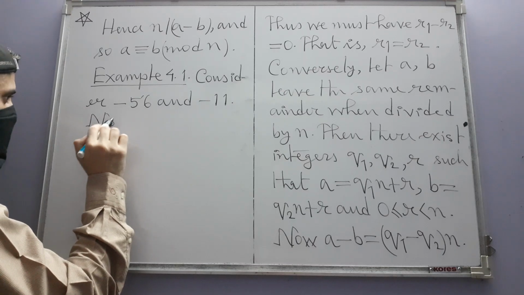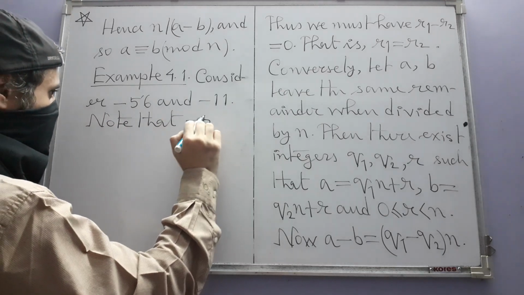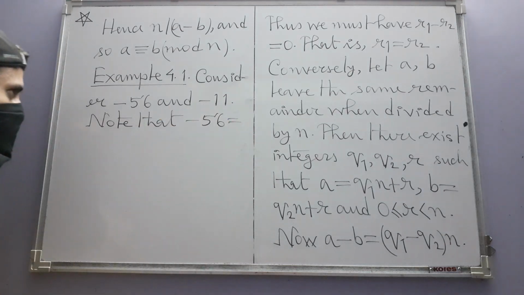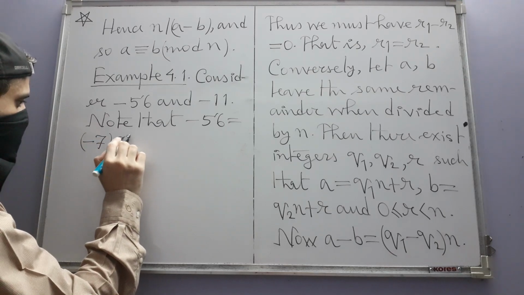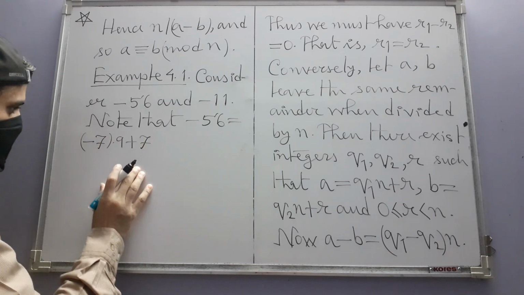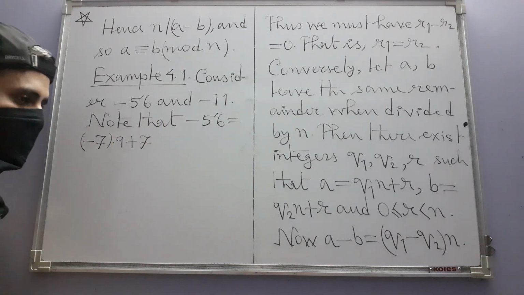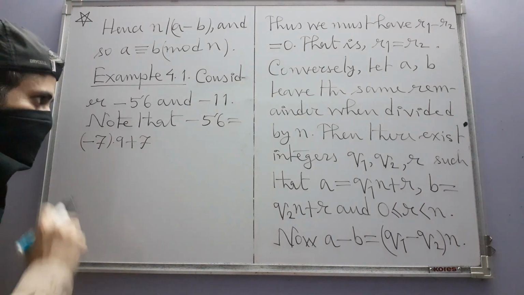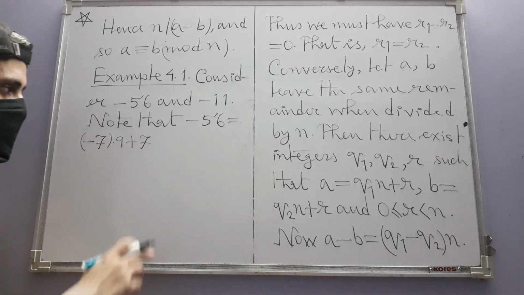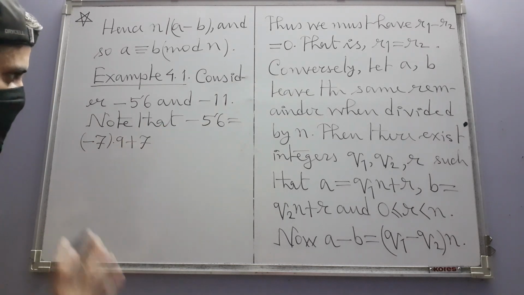Note that minus 56 is equal to minus 7 times 9 plus 7. Do not pay any attention to the numerical equations like this; please verify these things. It's not that you have to do them by hand. You can use a calculator. At least see that these are correct.